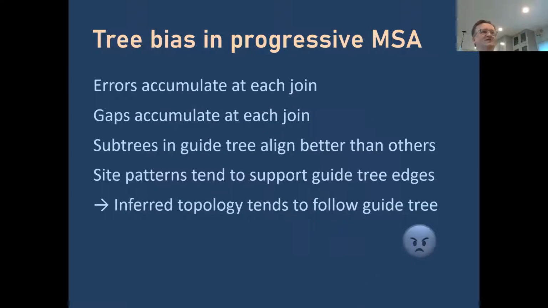And the net result of this is that if you look at sequences in subtrees from the guide tree, they're going to align to each other better than other subgroups. And this means that if you give that alignment to a maximum likelihood program like RAxML or IQ-TREE, then you should worry that the topology that RAxML is going to estimate is going to follow the guide tree, because it's seeing those patterns which are really artifacts of the progressive alignment.